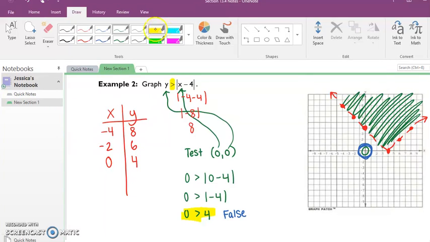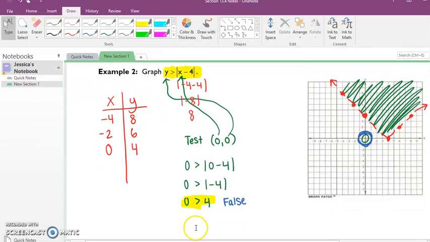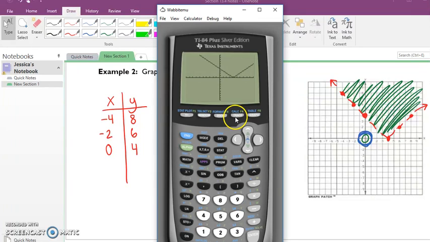And again, if you don't know what the shape of the graph is going to look like, you have one of two options. You can either make a table of values, or you can use your graphing calculator. And again, one last thing, in your graphing calculator, there are two ways to find that absolute value symbol. We can go alpha window and pick the first option.